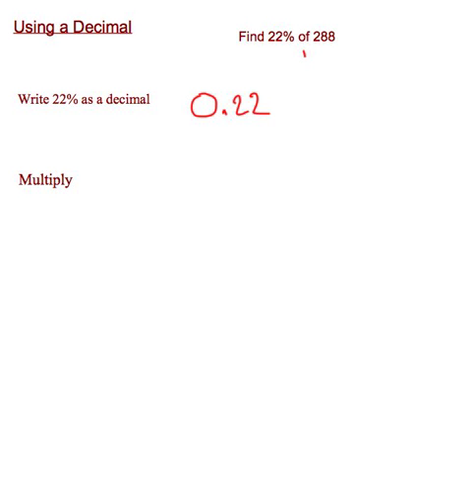Now, the word of in mathematics means multiplied, and then 288 is just 288. And so we multiply 22 hundredths times 288, and we get 63 and 36 hundredths. Pretty simple.